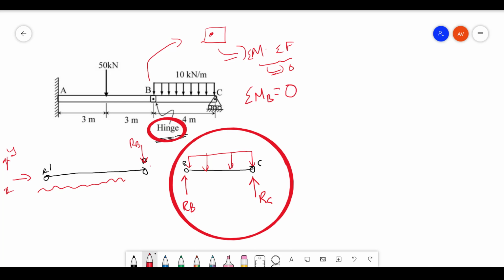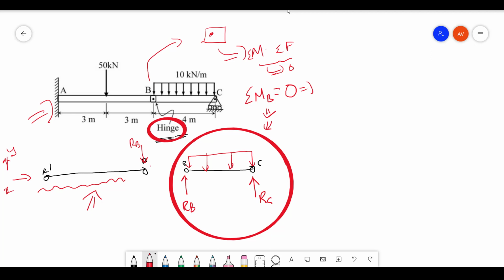So I can solve this equation to get RC, and I don't need to resolve the other side of the member. In case they asked you something regarding point A, you would have had to go towards this point also. But here the question is a bit easier because they have asked about this point. So let's go into more detail on this problem.